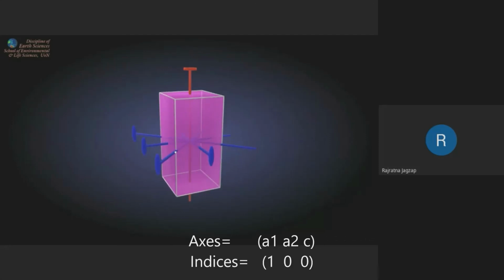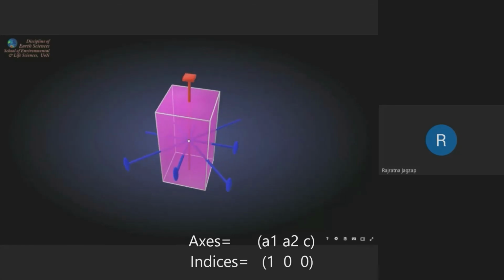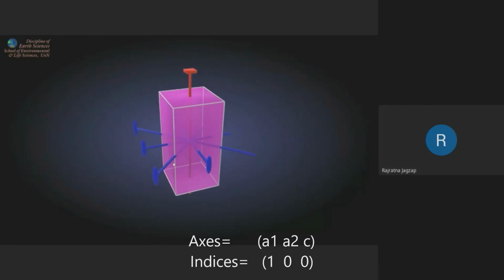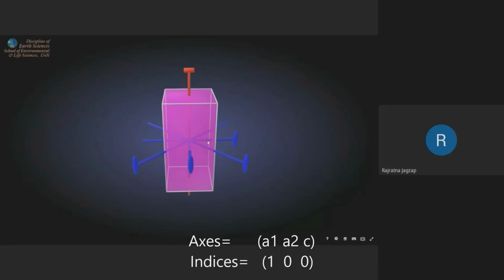You can see face is here and axis is here. It is parallel. So this face, front face, is cutting only front axis, that is 1, running parallel to second axis, that is 0, parallel to third axis, that is 0. So it is 1, 0, 0 is the indices for front face.